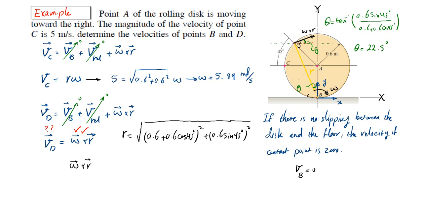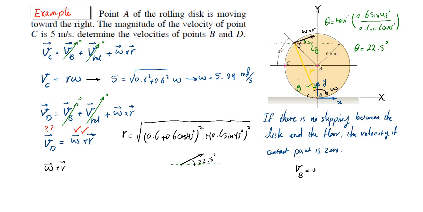Now, which means this is omega cross r. If this is horizontal, omega cross r is this vector, and that vector creates an angle of 22.5 degrees. So I can write it in terms of the components.